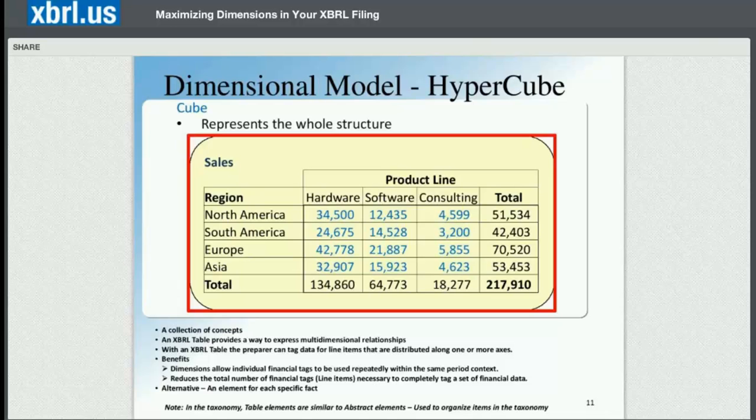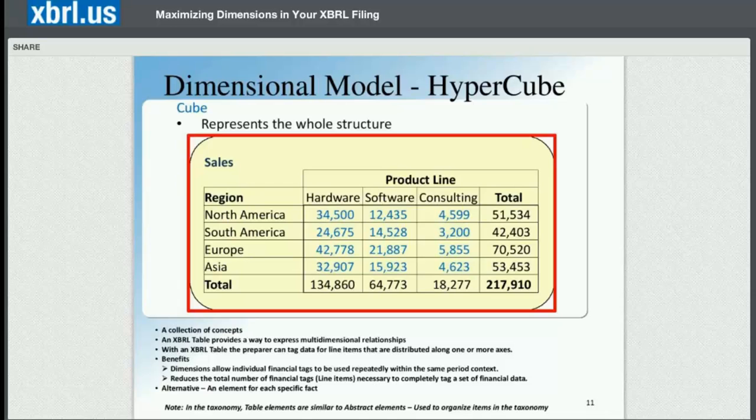When you think of the US GAAP taxonomy, there are four primary abstracts that exist in it. The elements that end with a label, open bracket, abstract, close bracket, those are abstract elements. Line item elements, which hold the financial tags in a table structure. Roll forwards, which hold a movement from period to period, and those are the concepts that are rolling from period to period in the US GAAP taxonomy.